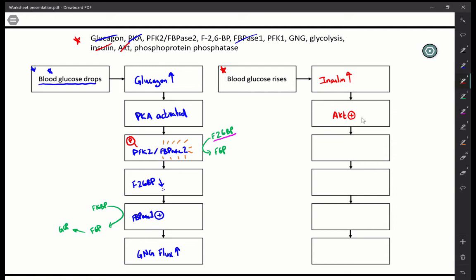So I'm going to put here the downstream activation of phosphoprotein phosphatase. Now, if you're feeling like there are some gaps in our little presentation of this, you probably are right. There are some gaps here. We're not leaving things out in terms of how AKT activates this, but for now, let's just ignore those gaps and say that this is going to be activated.